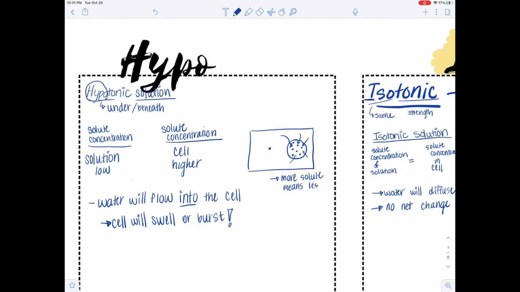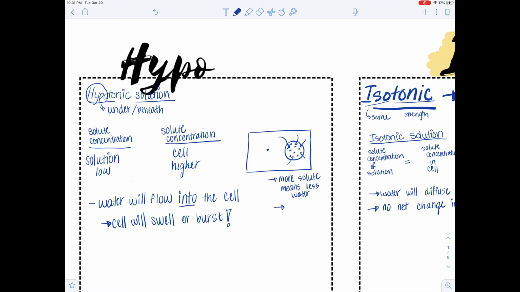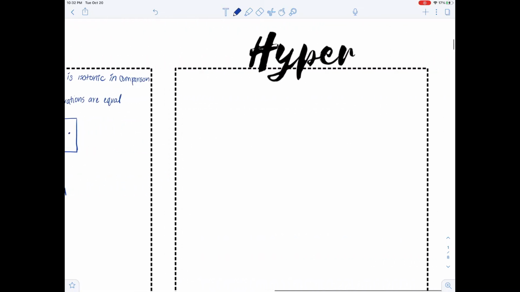More solute means that we have less water. Remember, solute's taking place of the water. So less solute equals more water. Okay, so the water is flowing from the area that has the higher water concentration to the area that has the lower concentration. So when we said that the solute concentration inside the cell is higher, keep that in mind, that means that water concentration is lower.